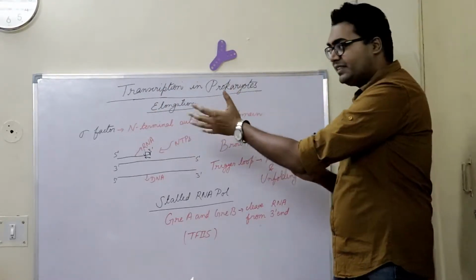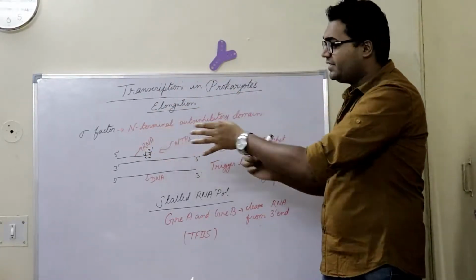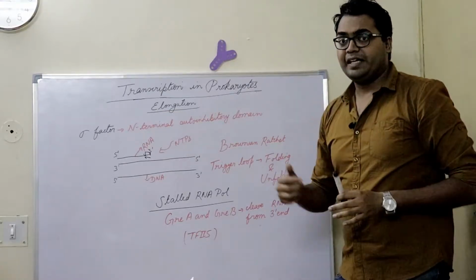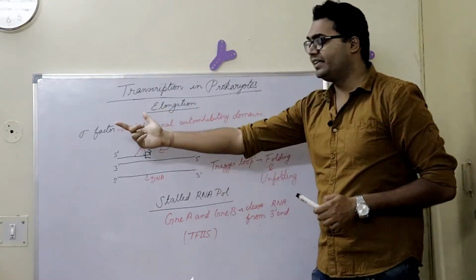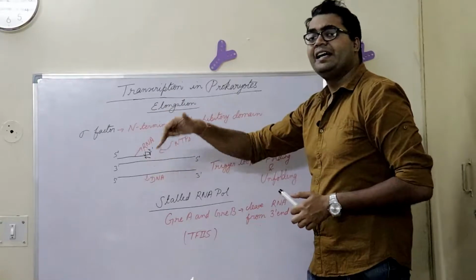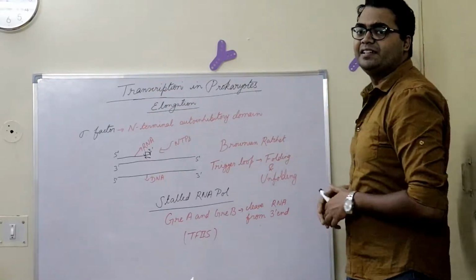It's not able to mask the promoter binding region in the sigma factor. So that site gets unmasked, and then this sigma factor can recognize and bind to the promoter region efficiently.